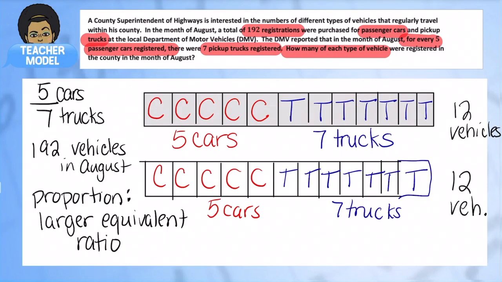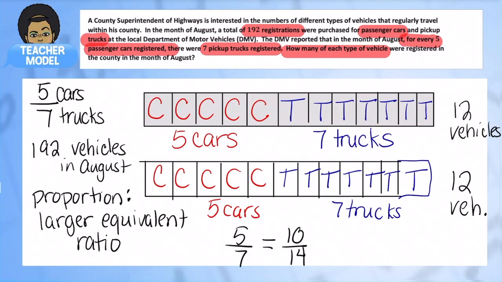I'm just going to abbreviate it. So now, where I started with 5 to 7, I have a new ratio where now I have 10 cars and 14 trucks. The parts are staying the same. I keep adding on the same amount of parts, and that's what makes these equivalent to each other. I don't have the same number of cars, but they are equivalent.